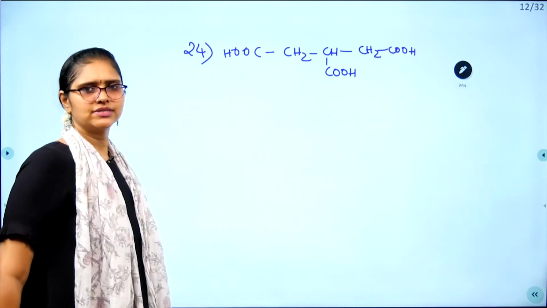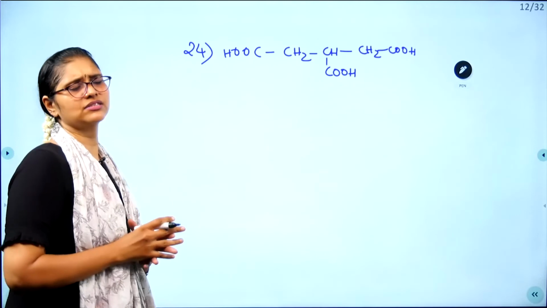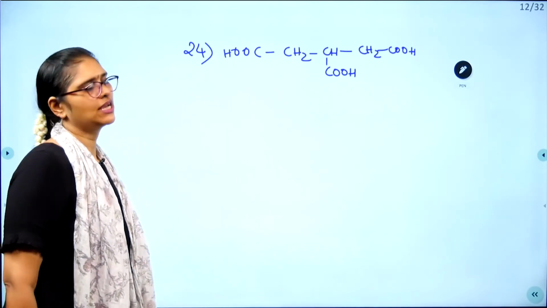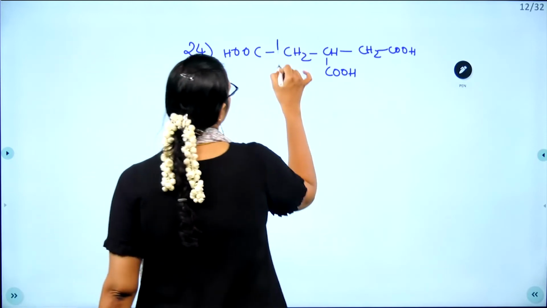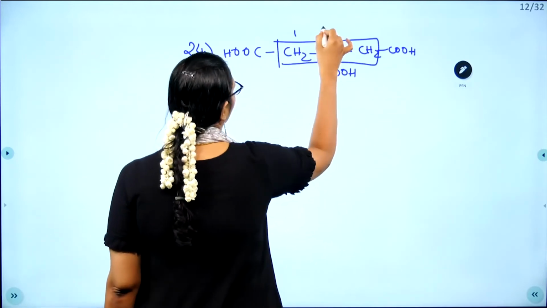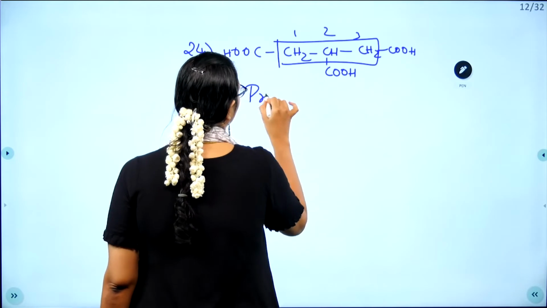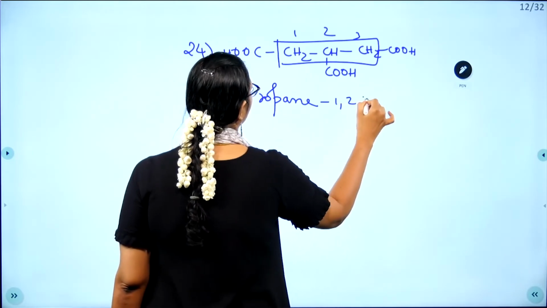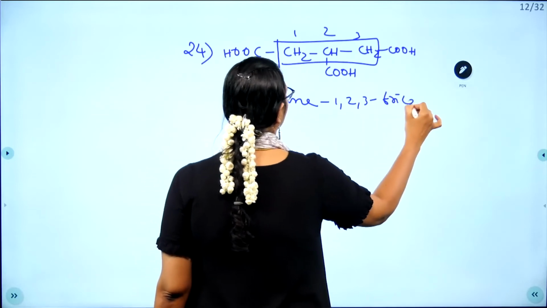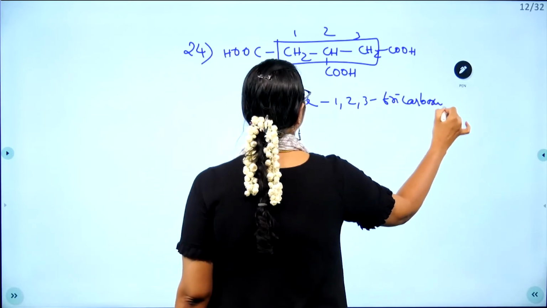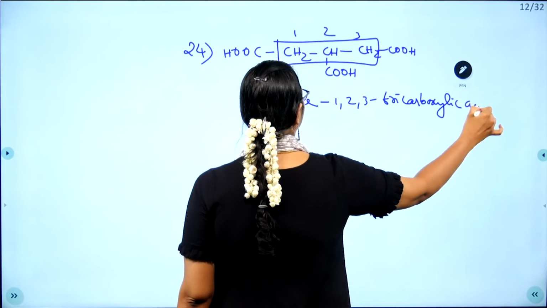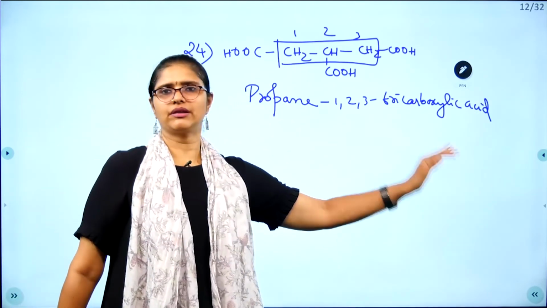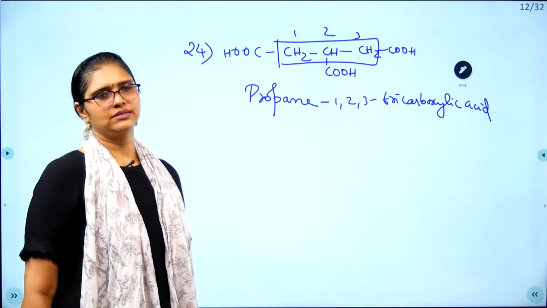How will you name this? Again, select the longest carbon chain, but the thing is you have more than 2 COOH groups, so exclude all the COOH from numbering. 1, 2, 3. So it is propane 1,2,3 tricarboxylic acid.